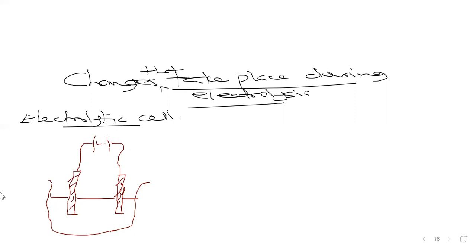This long terminal here is always what we call the positive terminal of the battery, and the shorter one is what we usually call the negative terminal of the battery. Now, the positive terminal of the battery is always connected to an electrode called the anode. And the negative terminal is always connected to an electrode called the cathode.